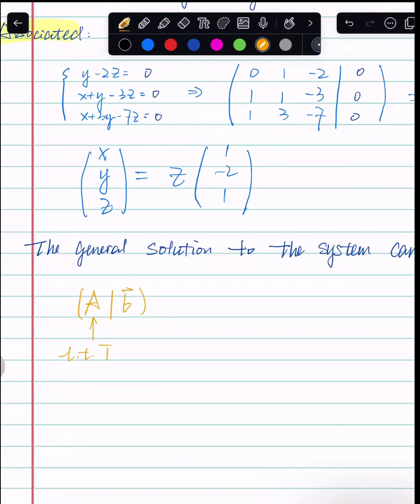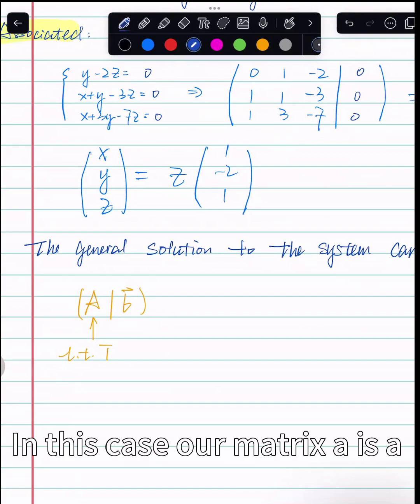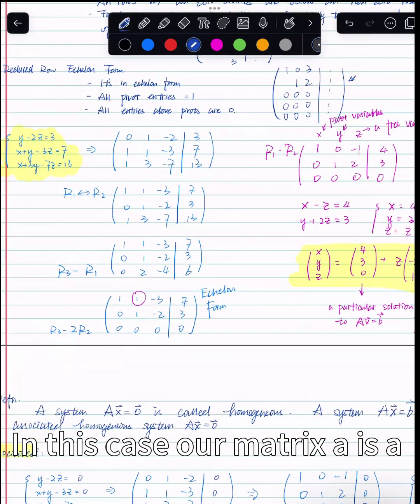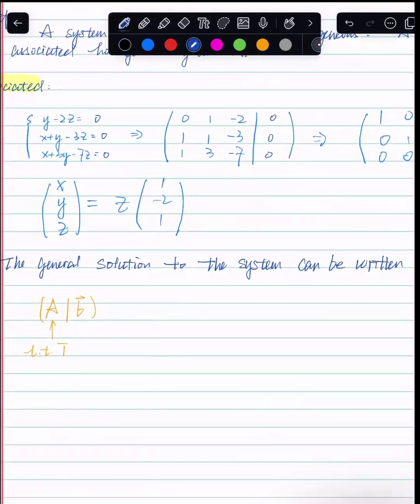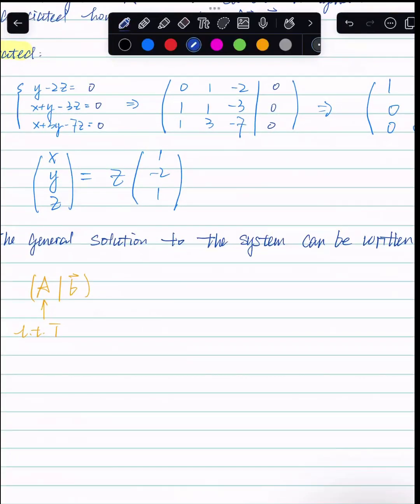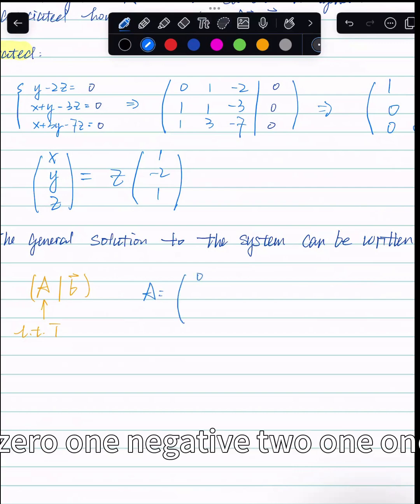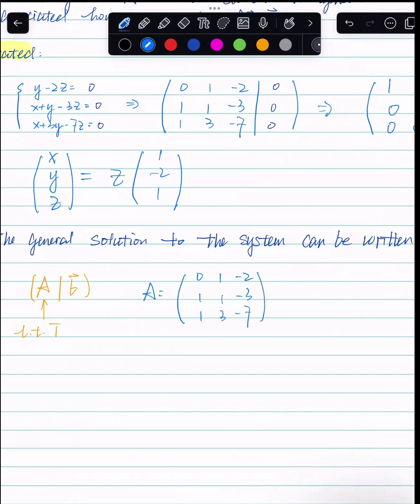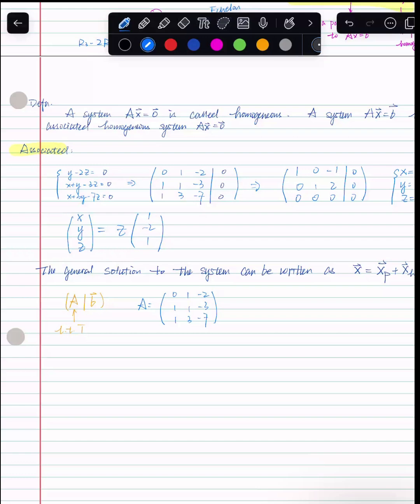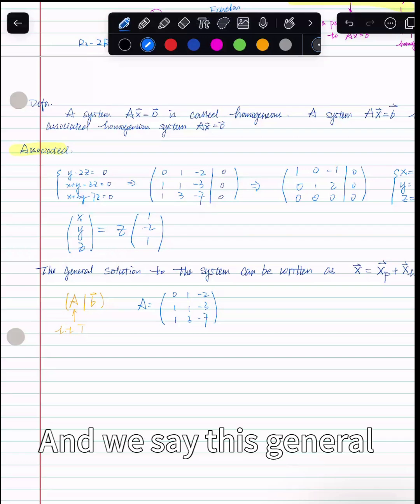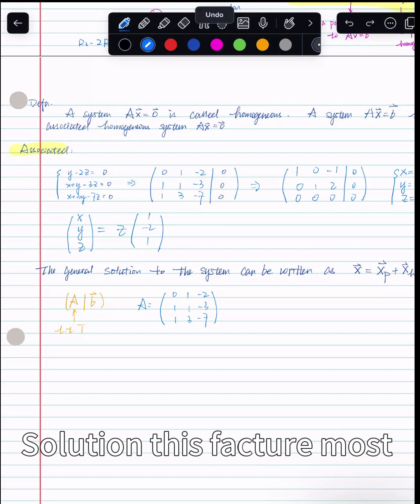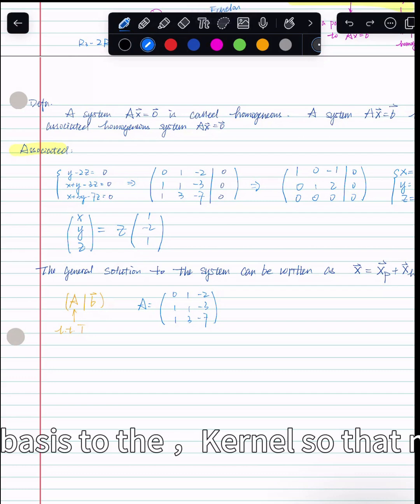So in this case, our matrix A is the matrix on the left: 0, 1, 2, 0, 1, -2, 1, 1, -3, 1, 3, -7. And we say this general solution, this vector multiplied by z, is actually a basis of the kernel.